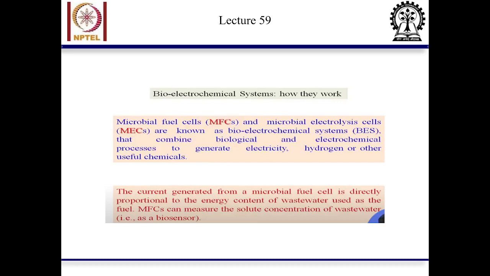So first, what is the microbial fuel cell? In this, we are producing electricity, and in the microbial electrolysis cell, we are giving electricity for the conversion of a chemical from one state to another.